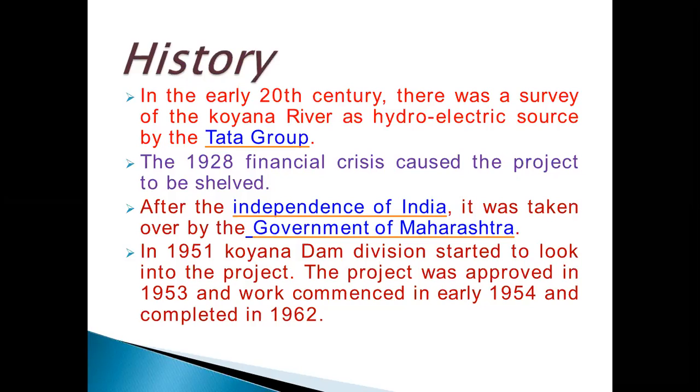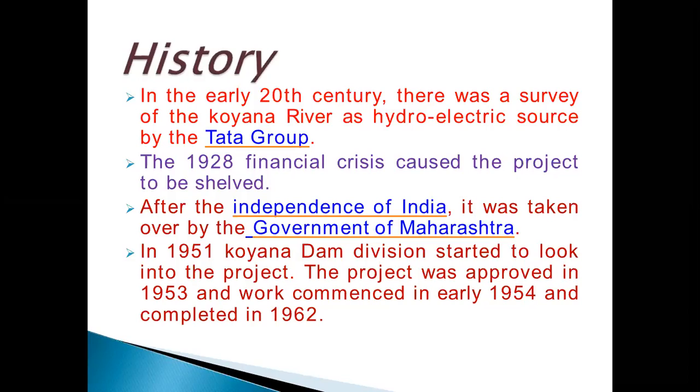It was before independence, and after independence, it was taken over by the government of Maharashtra. In 1928, this construction started. In 1951, Koyna Dam Division started to look into the project. The project was approved in 1953 and work commenced in early 1954.